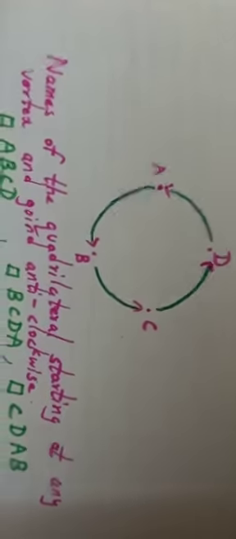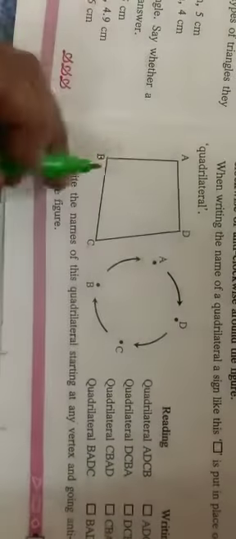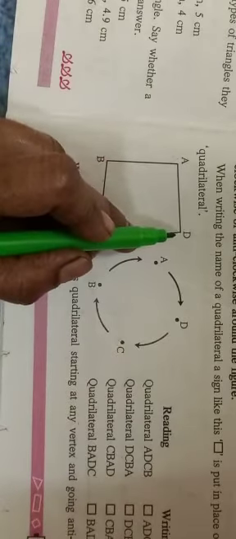Okay. So now you must have understood when we are naming the quadrilateral, if I am starting with vertex A, I will either take the next vertex D or I will take B. See here, if I took A, it was D. And here, if it was A, I have taken B. So you cannot jump when the figure is drawn.